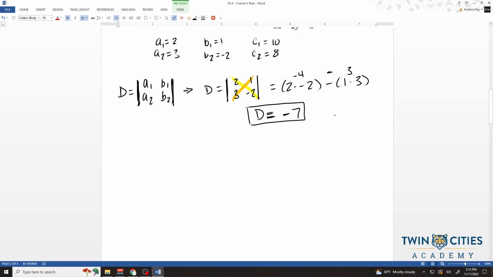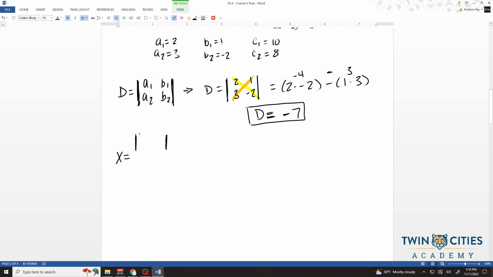Okay, next, let's find x. X is equal to the determinant, and then instead of a1, a2, b1, b2, since I'm finding x, I replace the coefficient on x, so I replace a's with c's.